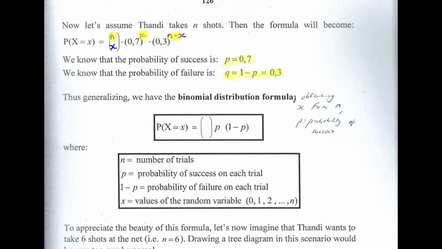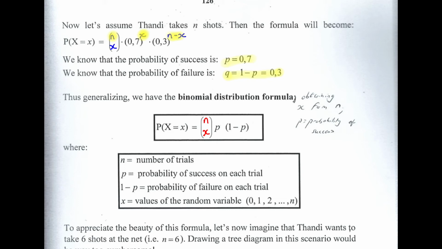All right, the probability of the binomial distribution formula. Okay, that's what I'm looking at now in the box here. So the probability that x equals little x, okay, little x, remember, being whatever the success is. So in this case, if she was scoring, that x would represent how many times she scores out of however many trials there are, will be equal to n over x into p into 1 minus p.